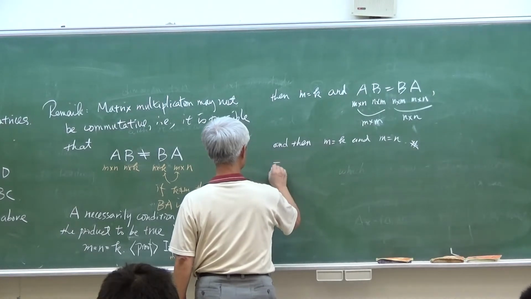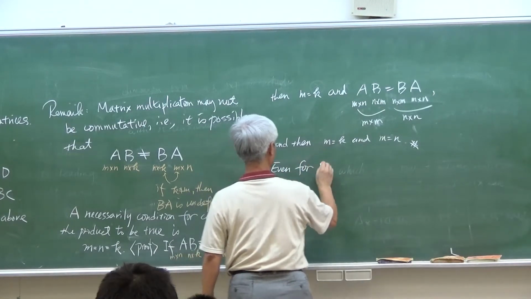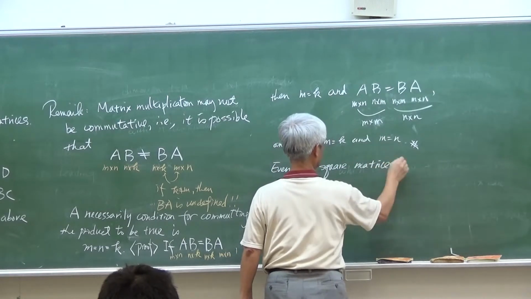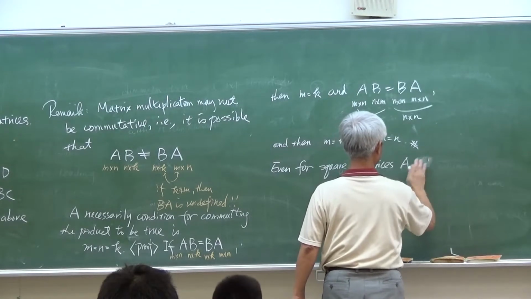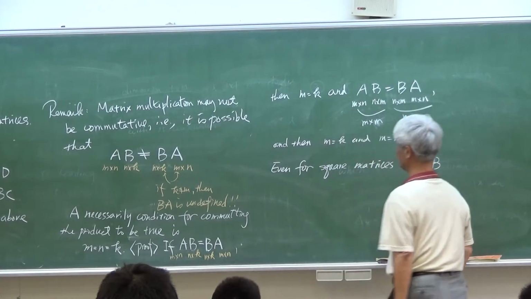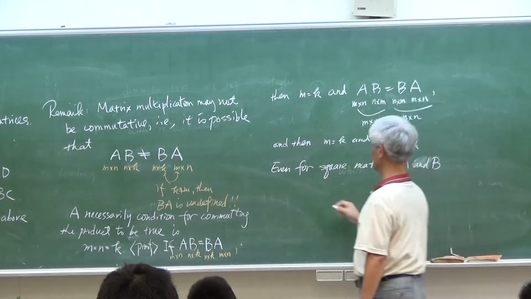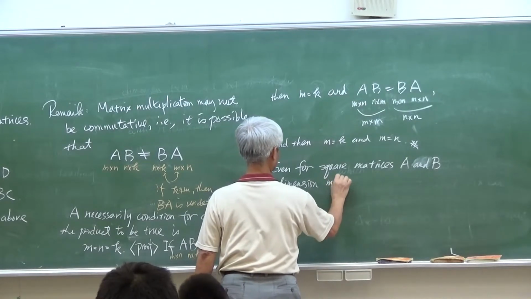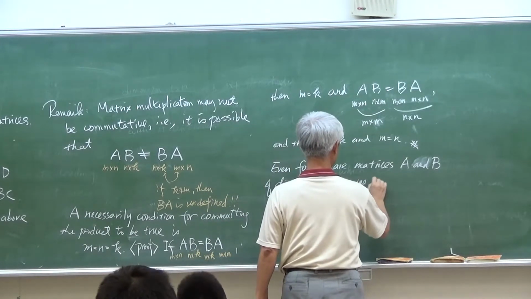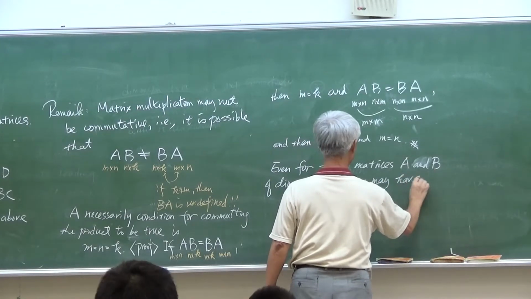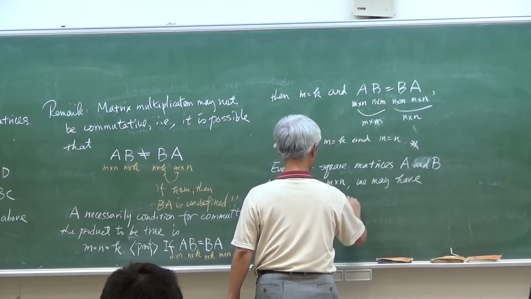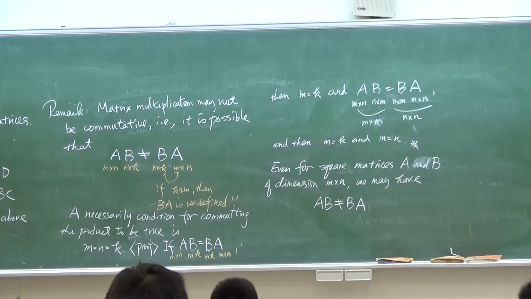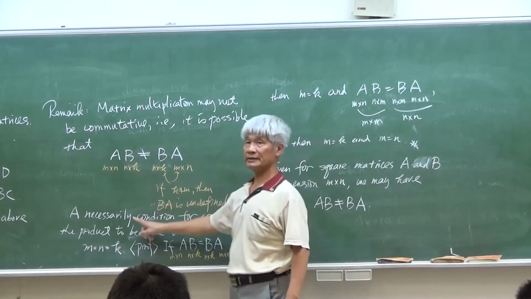Now, even for square matrices A and B of the same dimension, we may have A times B not equal to B times A. So the necessary condition is not sufficient.